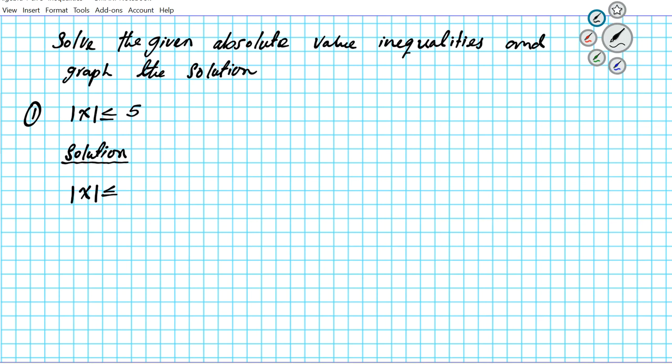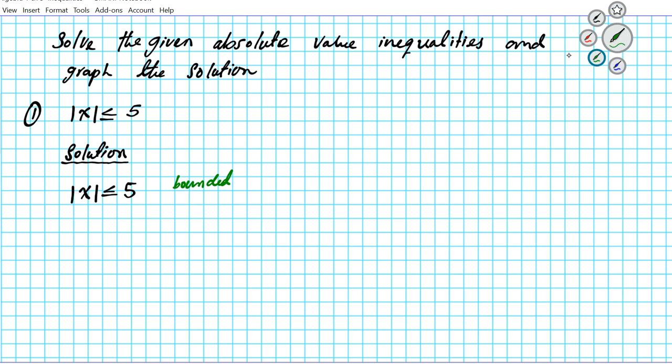But when you have greater, it's going to be an unbounded solution. So because we have less than or equal to, it's going to be a bounded solution, or think about it as a sandwich or a conjunction.